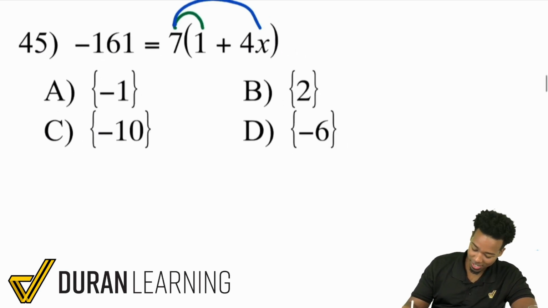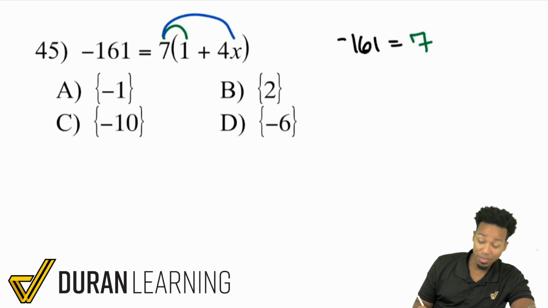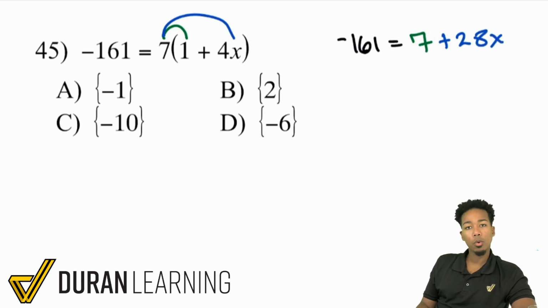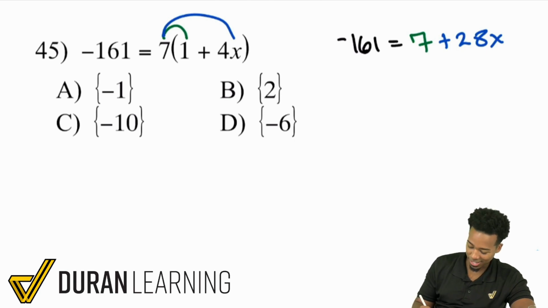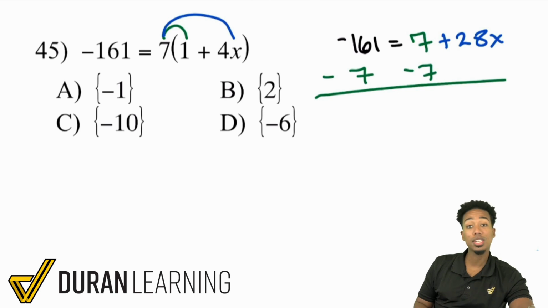So that's going to give us negative 161 equals 7 times 1, which is going to be 7, and then 7 times 4x, that's going to give us 28x. All right, what do we do from here, my party people? Well, from here, we're going to go ahead and subtract 7 on both sides, because right there, we're trying to get that 28x by itself so we can get the x by itself.